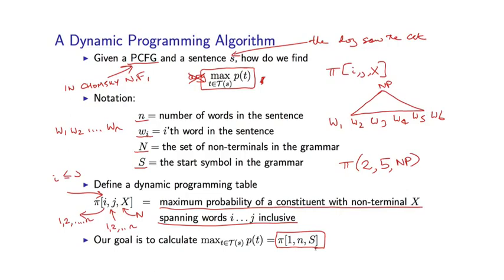What we're going to see is that we can calculate these pi values very efficiently using a dynamic programming method, and critically using a recursive definition of these pi values, where we initially build up the pi values for small segments in the sentence, and we gradually get bigger and bigger until we have the pi value for the entire sentence.